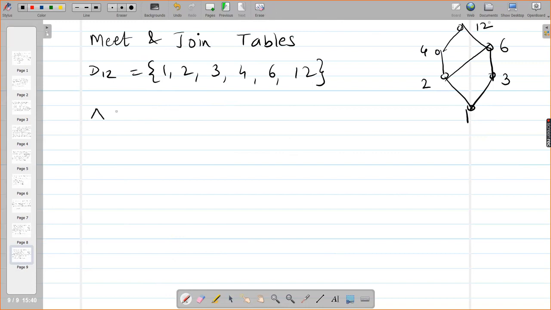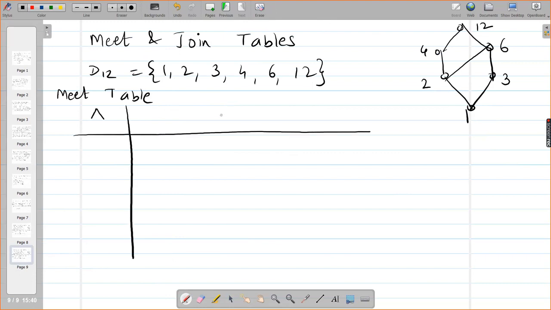Now let us first prepare the meet table. How is this table prepared? Row wise and column wise. You write the elements 1, 2, 3, 4, 6 and 12, row wise and column wise.